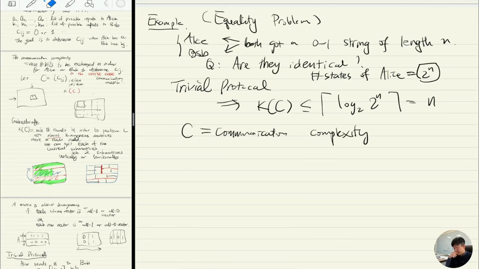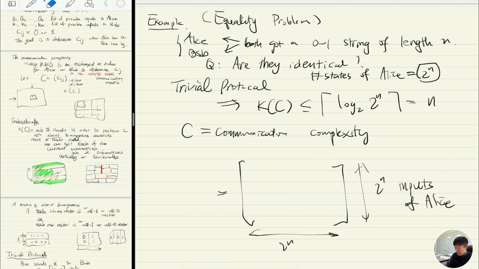We have 2 to the n inputs for Alice and 2 to the n possible inputs for Bob, and the answer is 1 if they match and 0 otherwise.